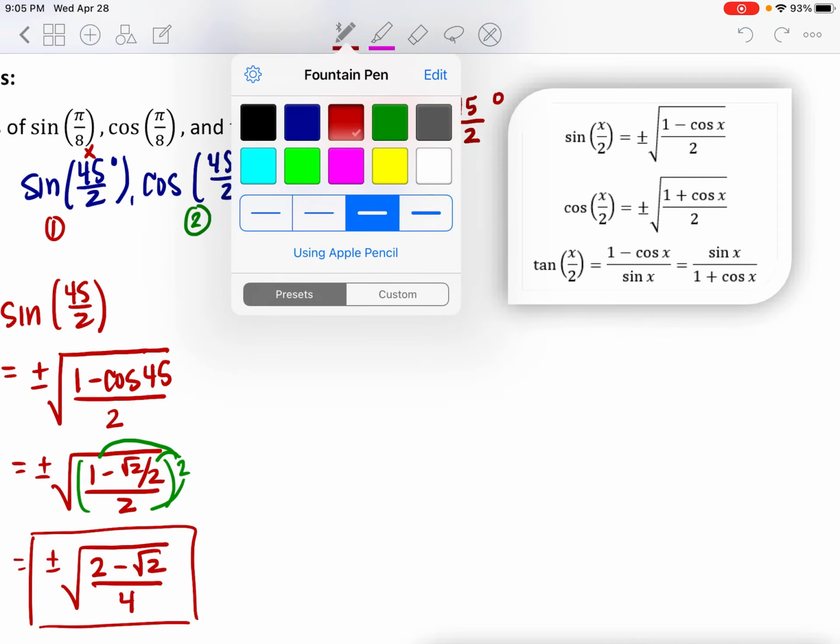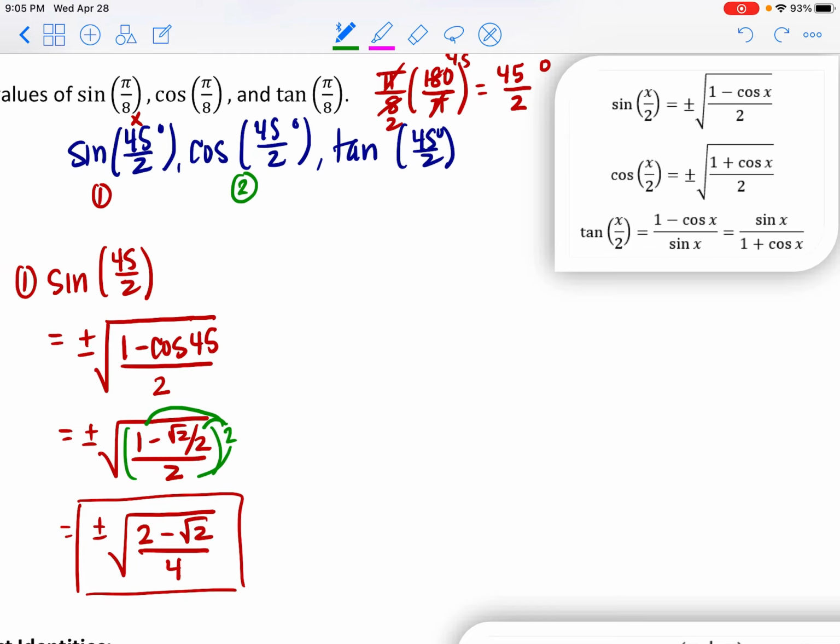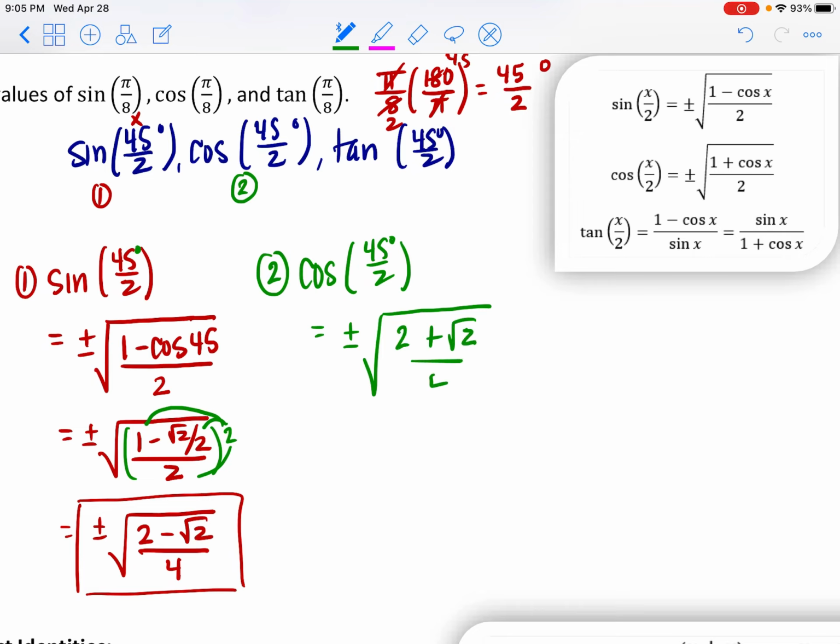I know just from the work I did in the first one that the second one here, my cosine of 45 over 2 degrees, is going to be equal to almost the same thing. We're going to end up with 2 and then a plus radical 2 divided by 4. And again, that's something that we could confirm with the calculator. And so now I'm just going to work on this last one.